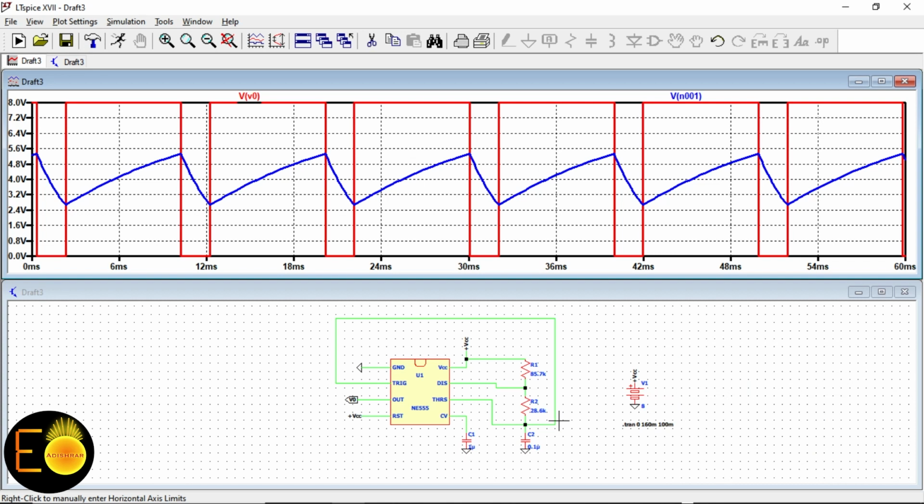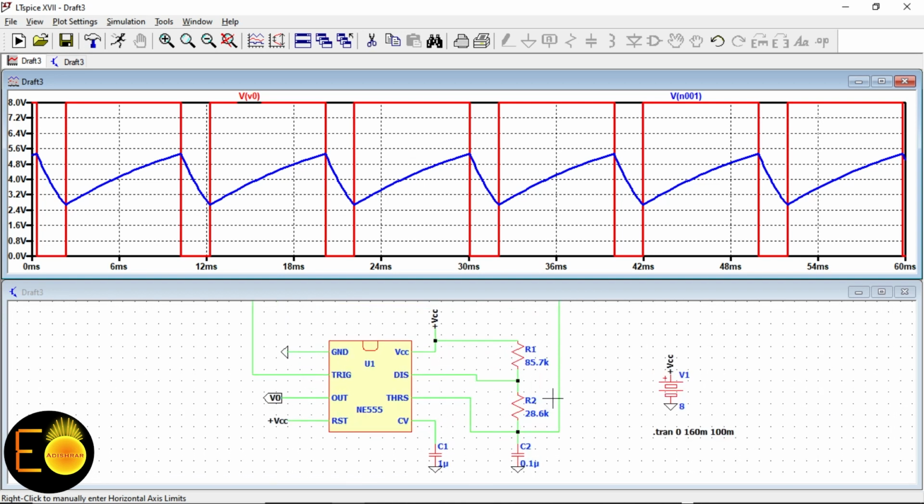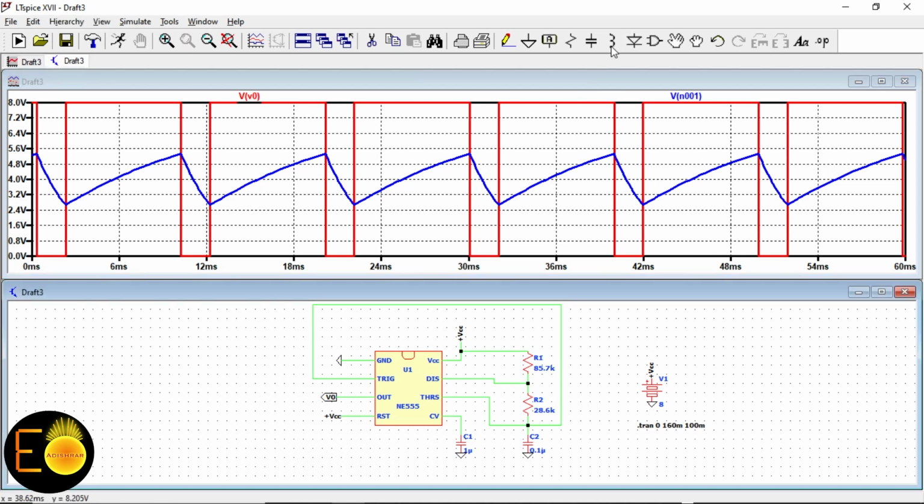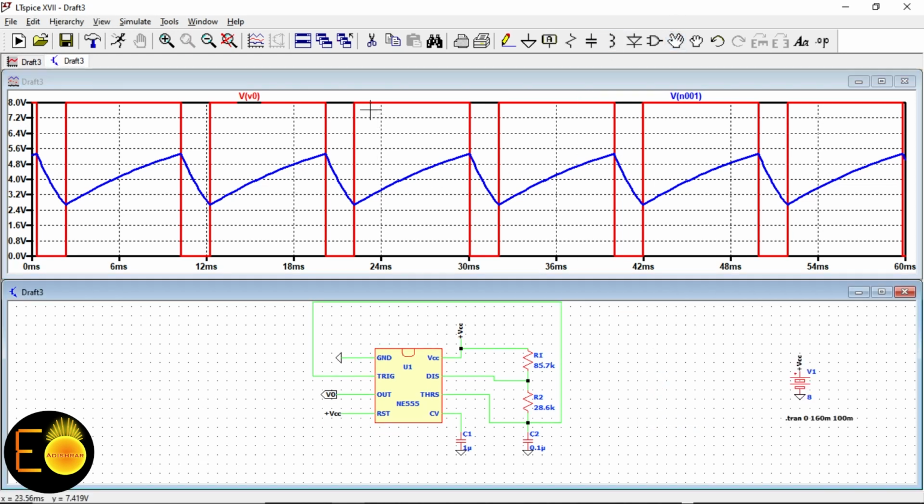Now, as I have shown you in my animation, I can make this design for the 50% duty cycle. The duty cycle means there are on duty cycle and also off duty cycle. The on duty cycle means the duration for which the output remains at the on state out of the total time period, and off duty cycle means the duration over which the output remains in the off state out of its total time period.